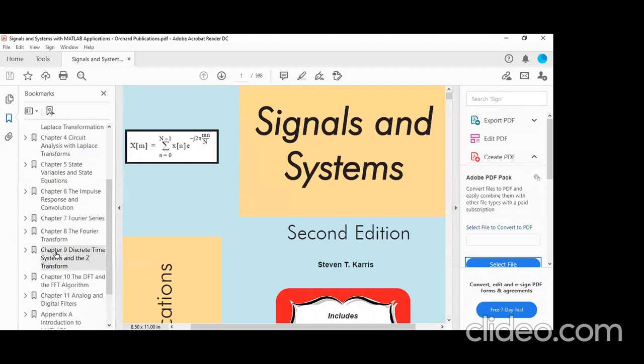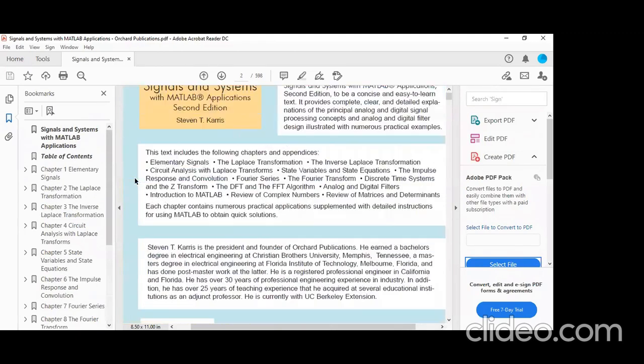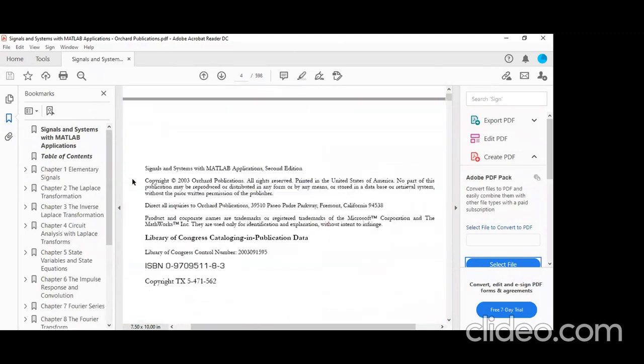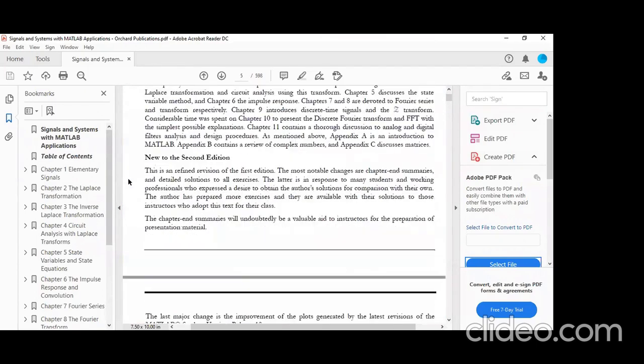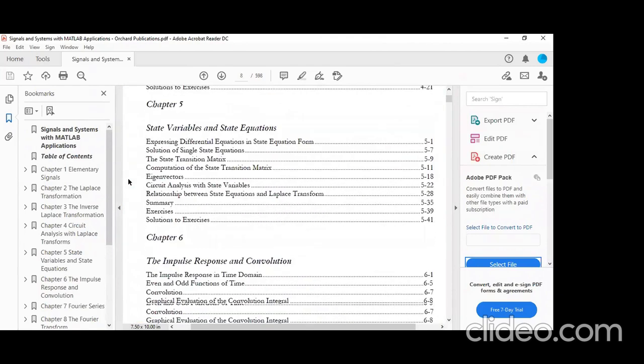Next week we're going to be looking at chapter 9. What I would like you to do is look over chapter 1 and chapter 4 in particular.